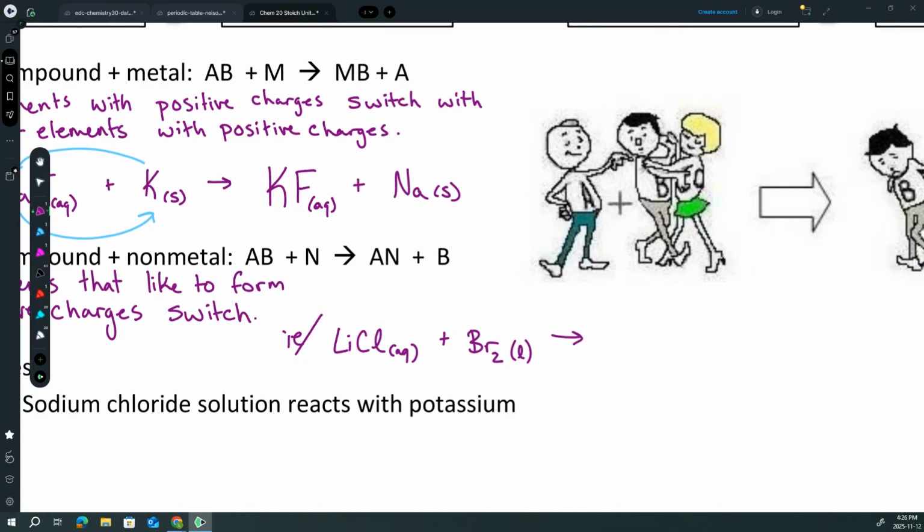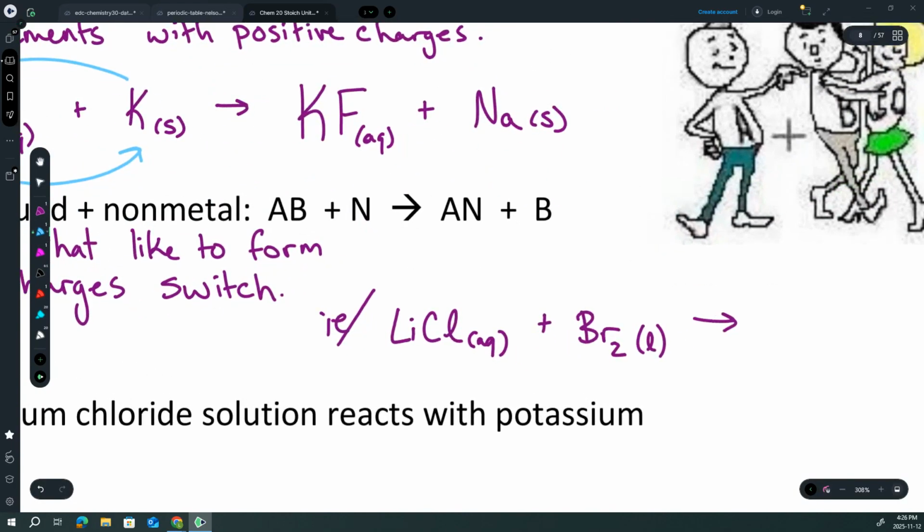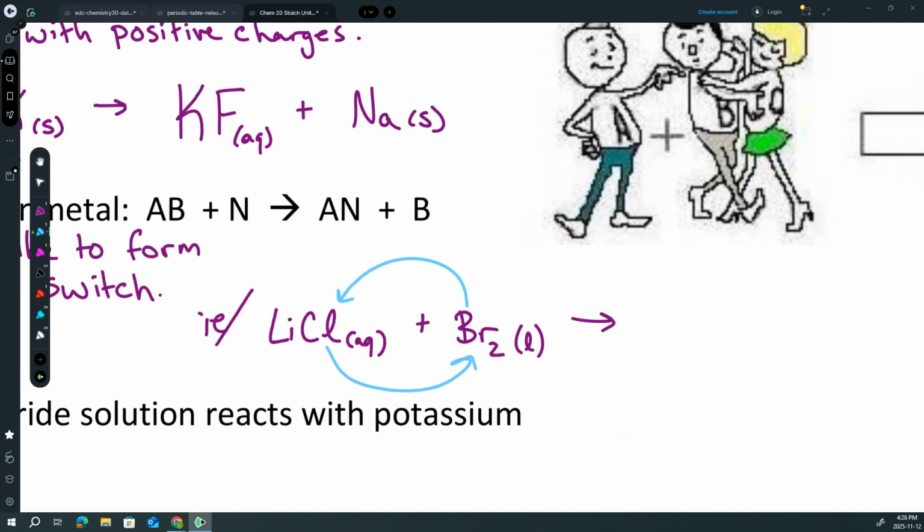Since bromine is part of group 17, it likes to form ions with a -1 charge. So like I said, negatives are going to switch with negatives. That means bromine and chlorine are going to be switching places here. But just as a heads up, the 2 doesn't necessarily come along for the ride with bromine, just like the invisible 1 after chlorine doesn't.